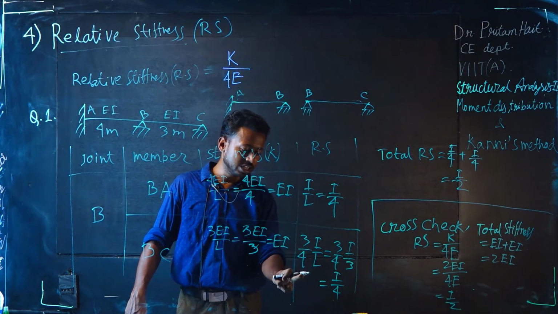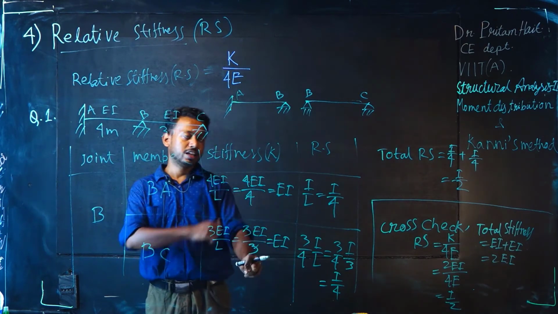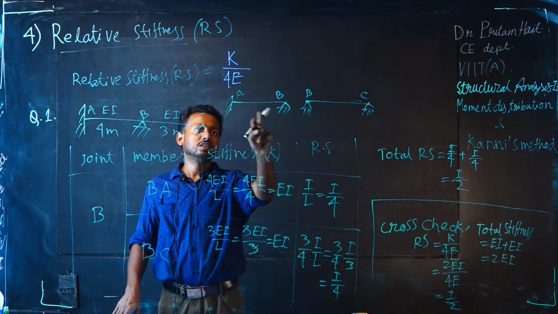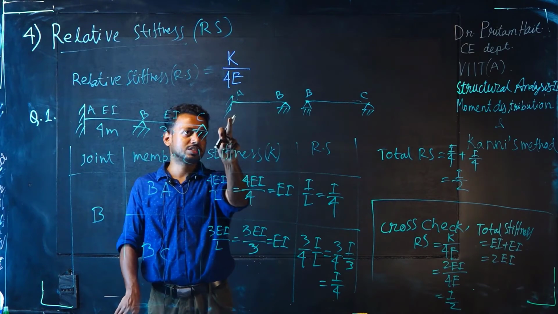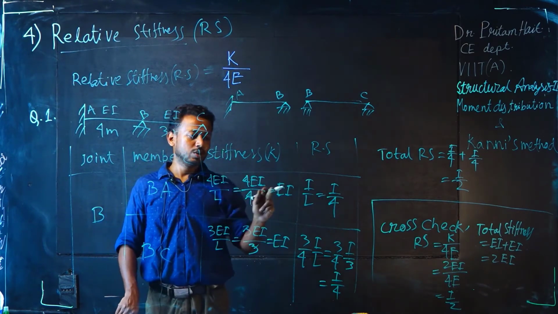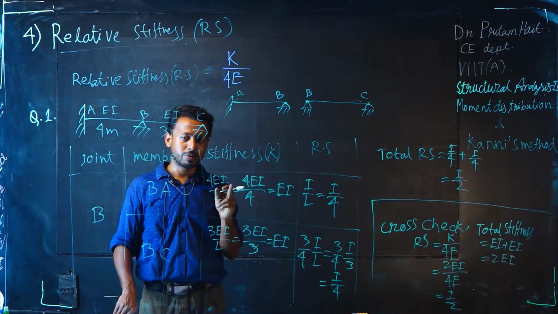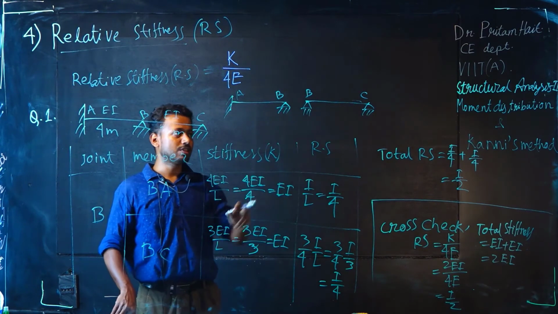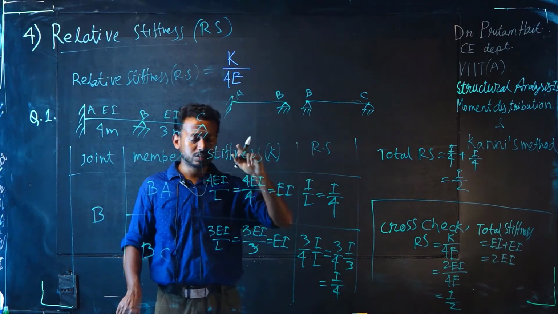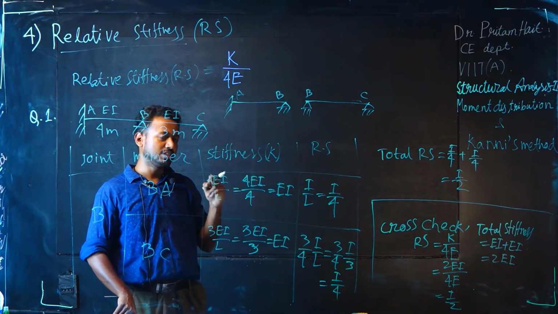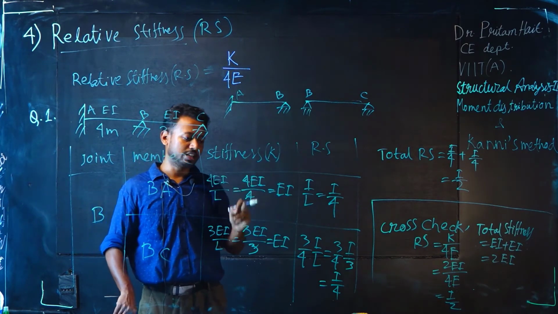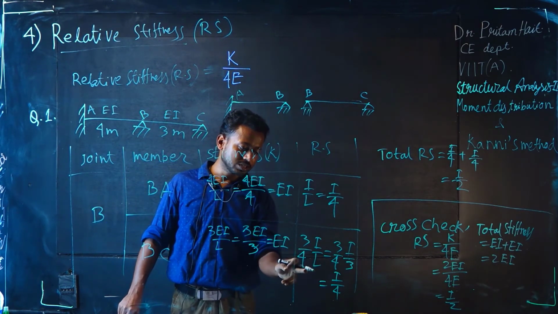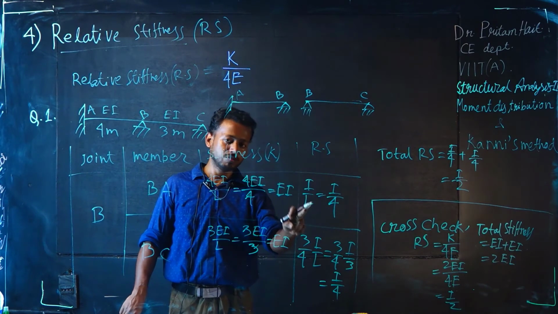The relative stiffness is more here and less here, because if the far end is fixed, the stiffness and the capacity of the member will be more, and if the far end is hinged, the capacity to resist the deformation will be less. So this is 75% of I by L and this is 100% of I by L.